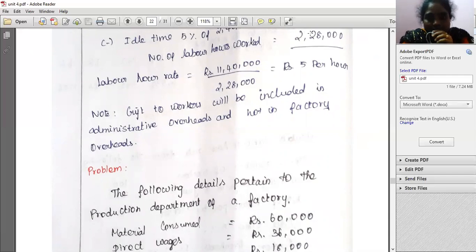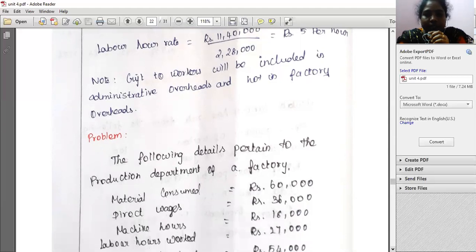The labor hour rate is rupees 5 per hour. The gift to workers will be included in the administrative overhead, not in the factory overhead. And then we go to the next problem.